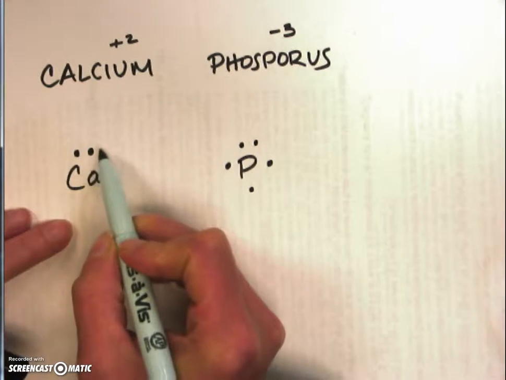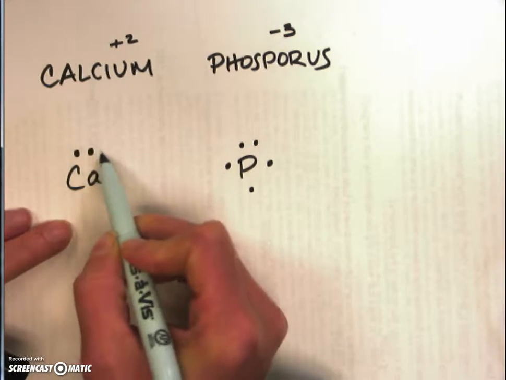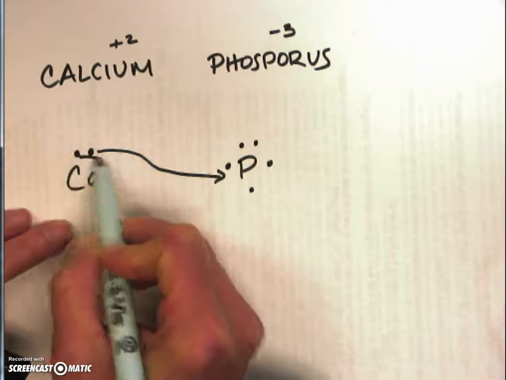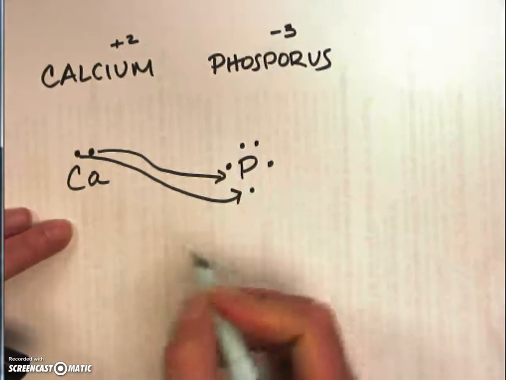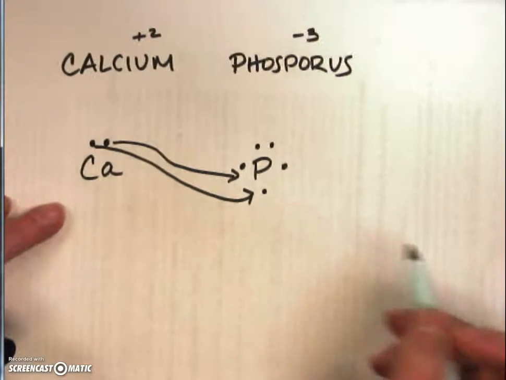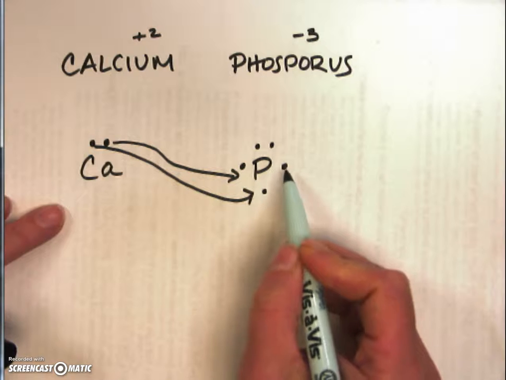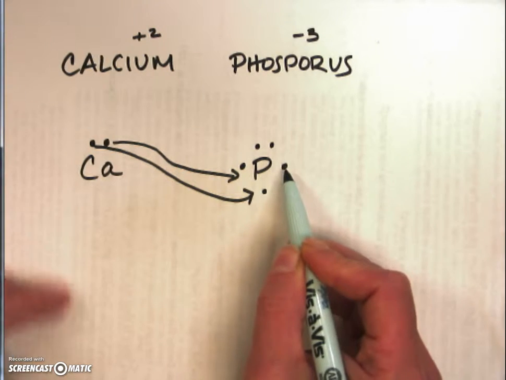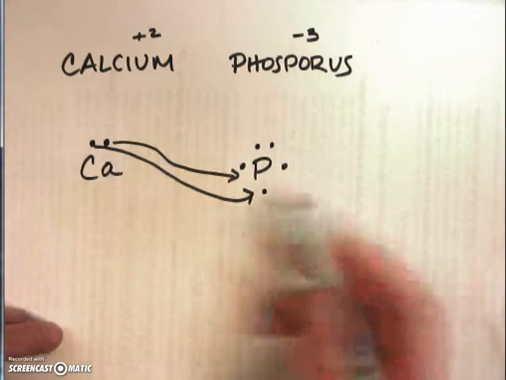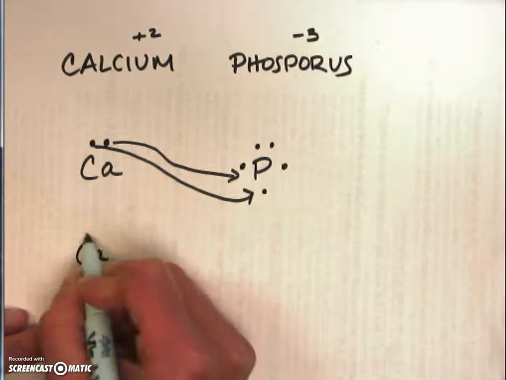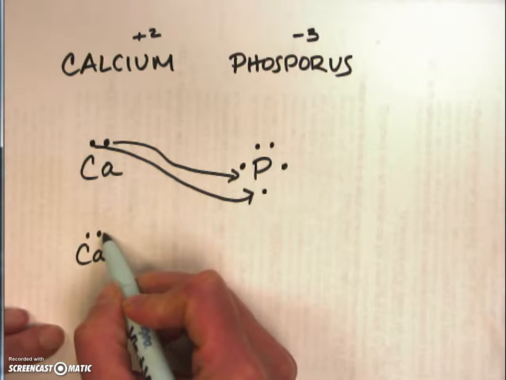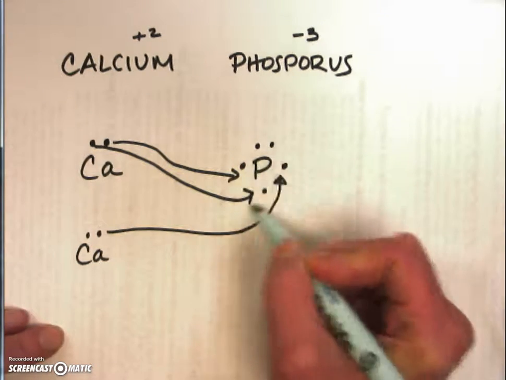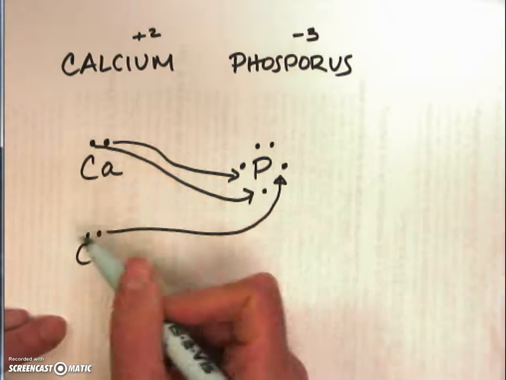So 1 calcium could donate 2 electrons to a phosphorus, but we still would have 1 extra space in phosphorus's outer shell, so it would still not be happy. So if we took another calcium, that calcium could donate the 8th valence electron for phosphorus.